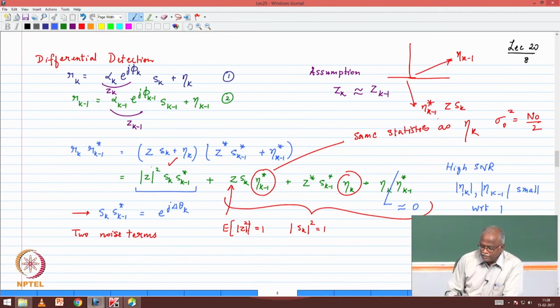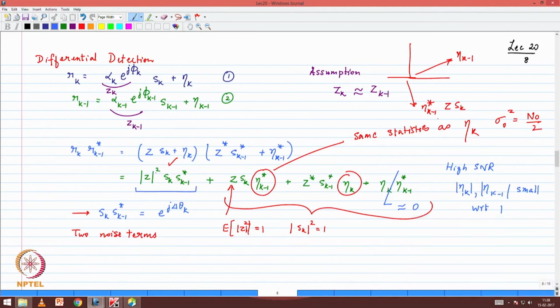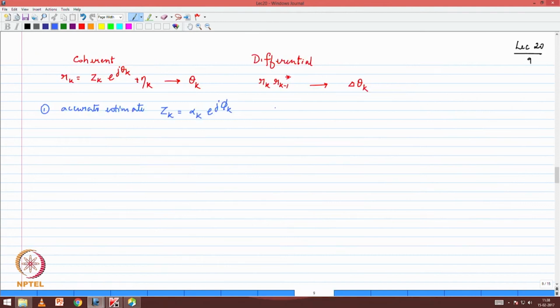No. Though mod z square is present, it does not affect my angle, because I will take tan inverse of imaginary part by real part, so alpha square is not going to play any role. So I can safely say that I do not require any estimate. That is, Zk is not required. I don't need to make that estimate.